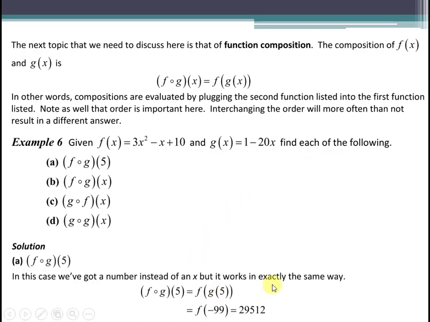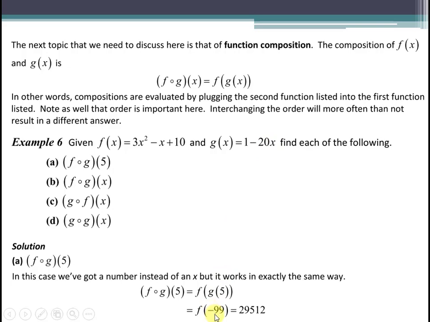Solution. A1, f composition g at the value of 5. In this case, we have a number instead of an x, but it works in exactly the same way. F of g of 5. Firstly, we should find g of 5. G of 5 is equal to 1 minus 100.